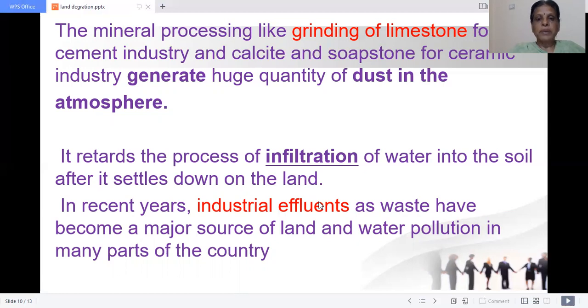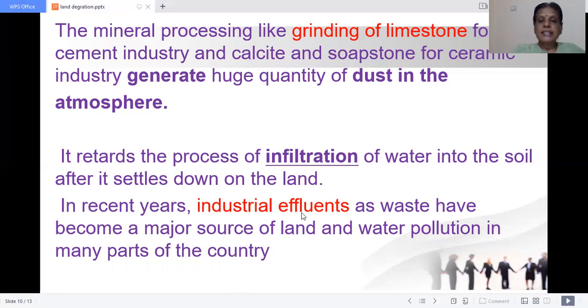But it is not being done because it is expensive. So to cut the cost, the industrial owners are not treating the industrial waste, and they allow it to drain as it is into the river and ponds.